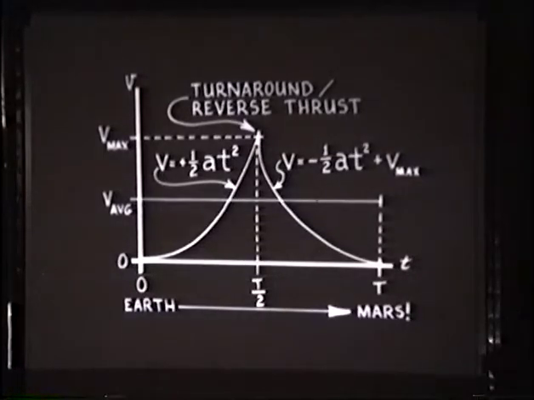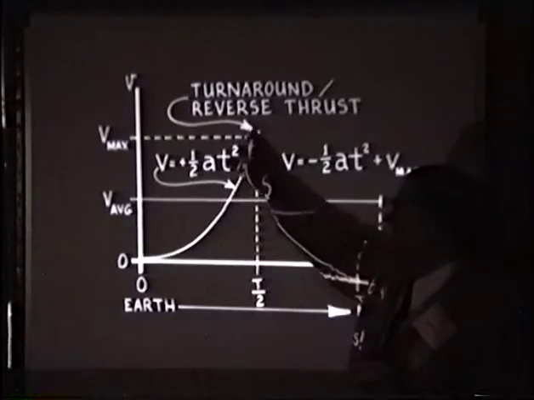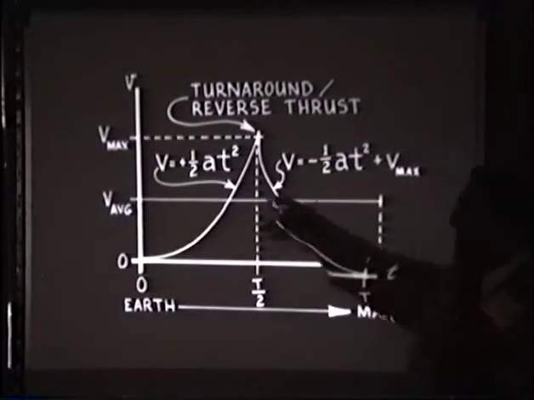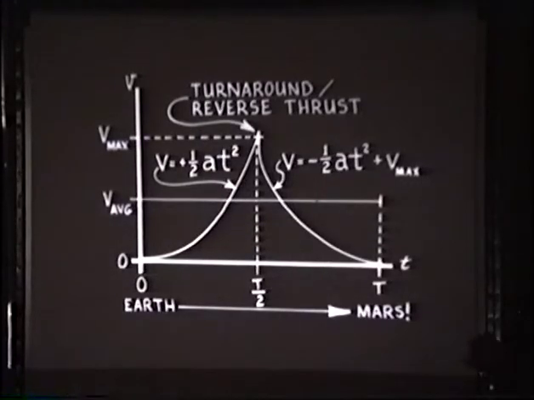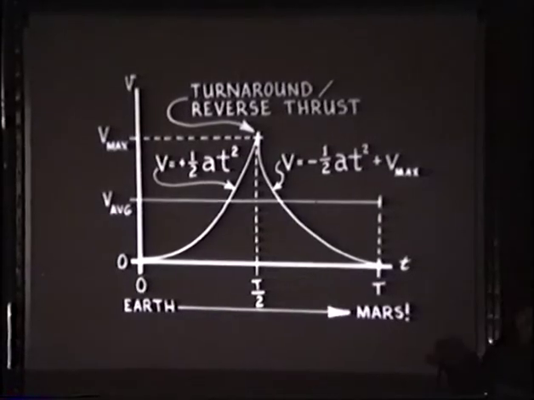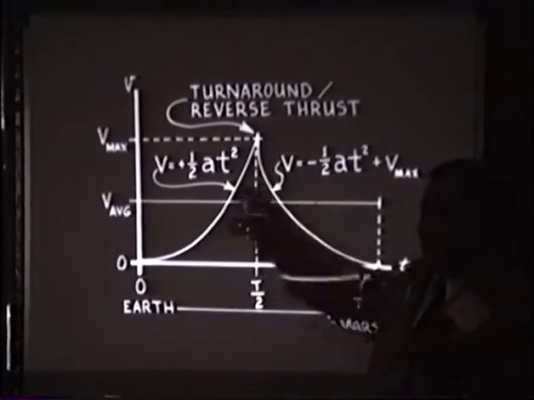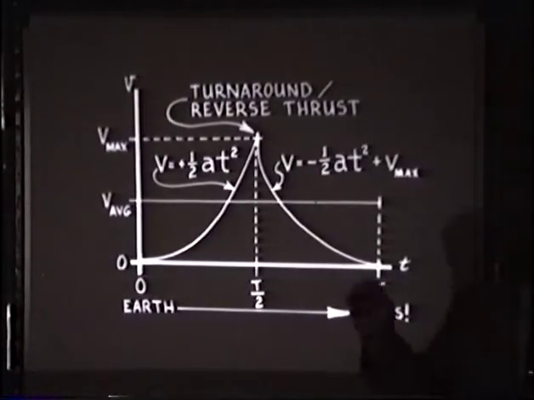Well, it should, because you have a vertex here, and now you have a vertex here. This is accelerating, this is decelerating, and your average velocity will be sitting around here somewhere. This is going from Earth to Mars, or wherever you wish. This is the point at which you turn around your vessel or apply reverse thrust if you have engines that you can fire forward.